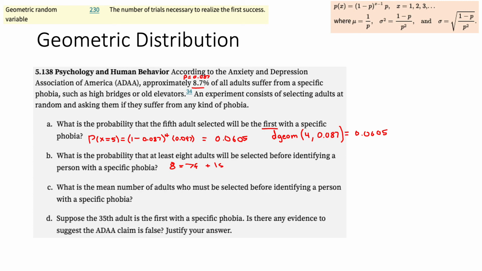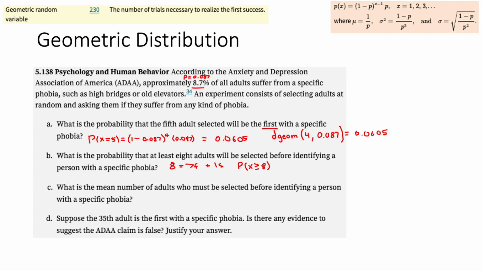That's the way they seem to lay it out in the textbook. The way we would write this for our formulas is x greater than or equal to 8. And if we were going to do this for the failures, this would be x greater than or equal to 7 failures.